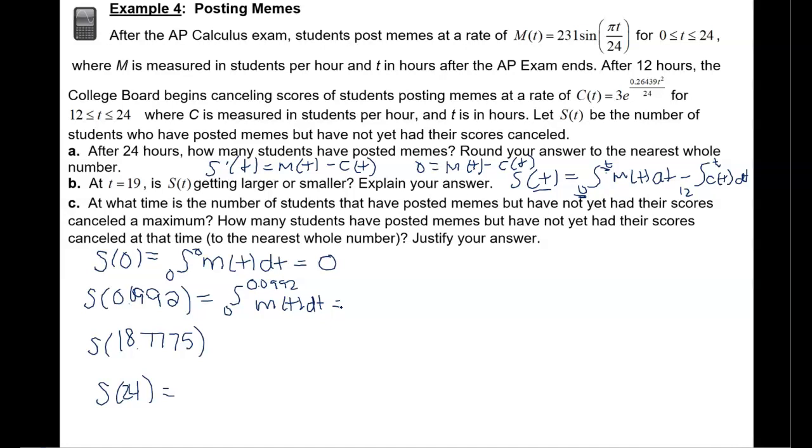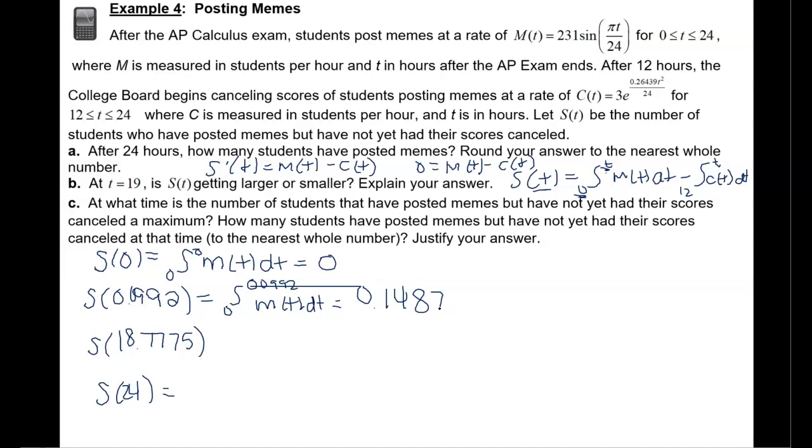I'm going to go up on my calculator, and I already put m of t in an integral, so I'm going to highlight it, hit enter, it brings it back down, and I'm going to change that 24 to 0.0992. I like to just truncate at 4. I don't look for rounding, I just truncate.